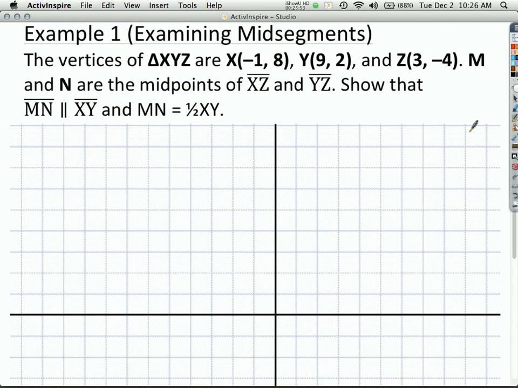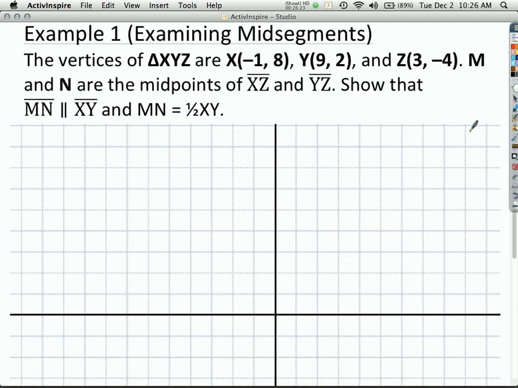So I'll give you 30 seconds to set up a grid, and then I'm going to start plotting the points. Please try not to go ahead of me because you might end up doing something that's not really appropriate or not valid. And remember, we are not doing guessing. This is not a guessing game.